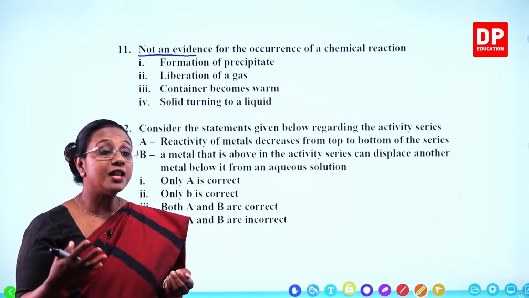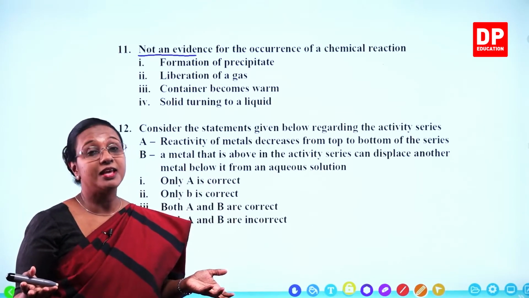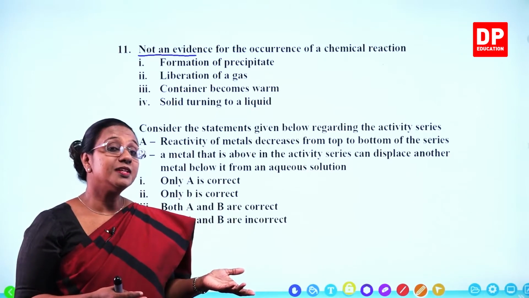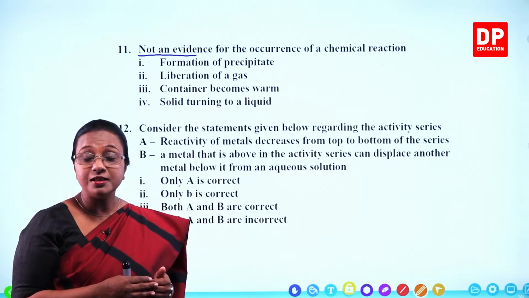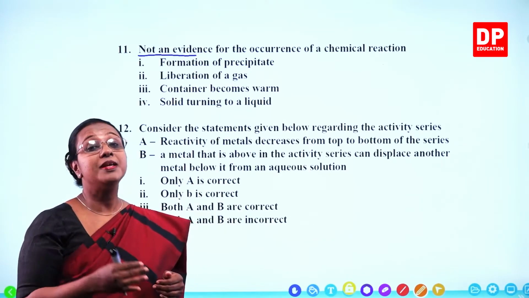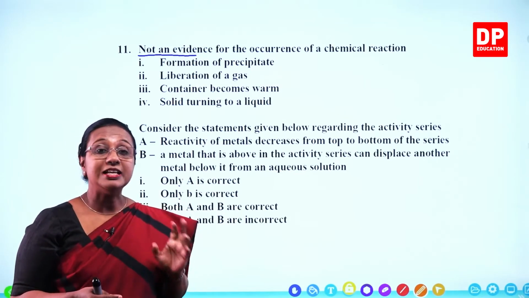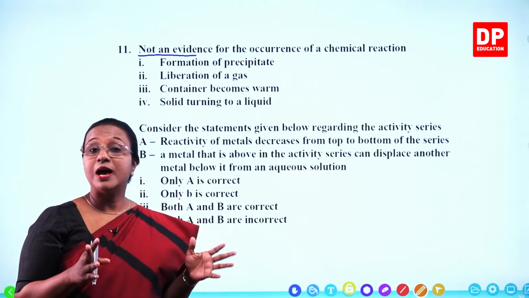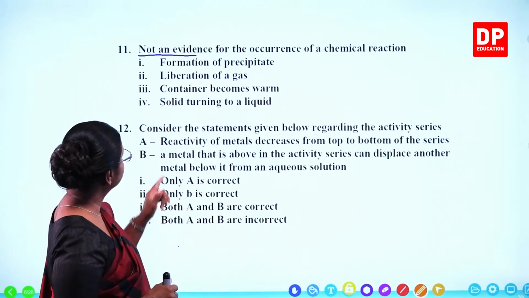That is a brown color solid substance depositing. So that is one reaction. Then if you consider the reaction of sodium sulphate with calcium chloride, what happens there? Calcium sulphate precipitates. A white color precipitate is formed. So like that, you have seen reactions where precipitate is formed. So that is an evidence.